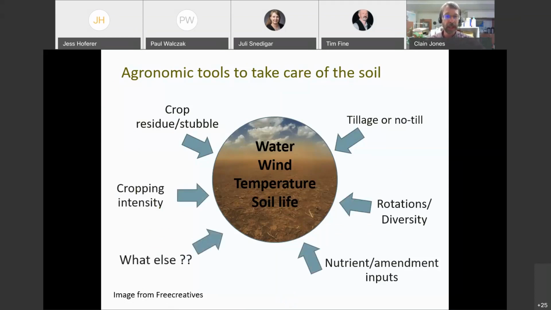And what else can you think of for your specific situation? All of these interact together to affect water, wind. Well, wind affects the soil. All of these can affect temperature, and of course, all of them can affect soil life.